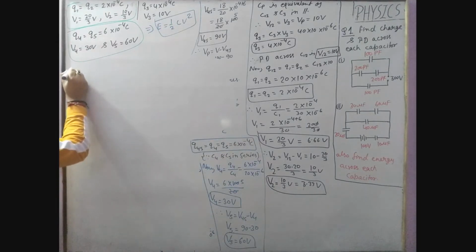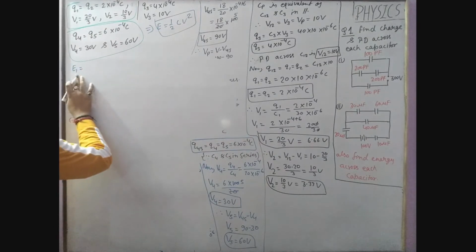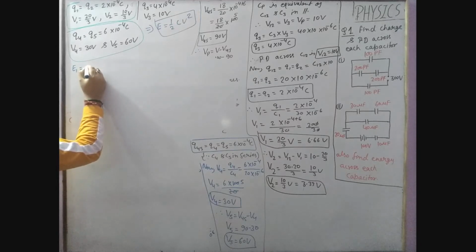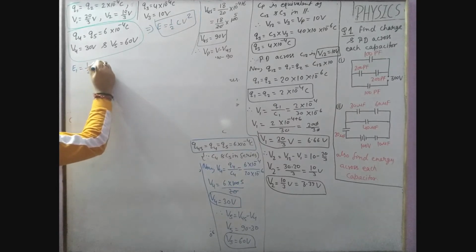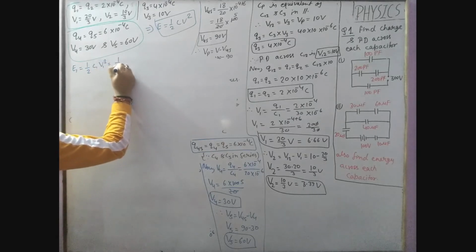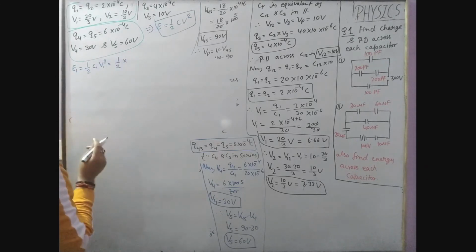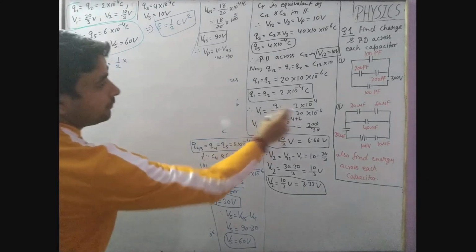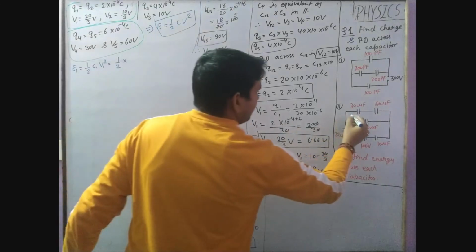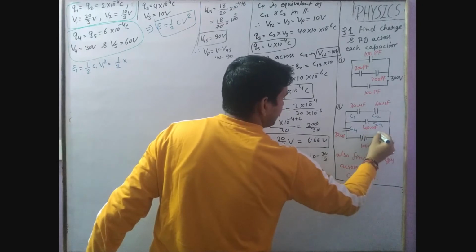E1, which means capacitor 1, is half C1 V1 square, which is equal to half into C1, where we have C1, C2, C3, C4, C5.